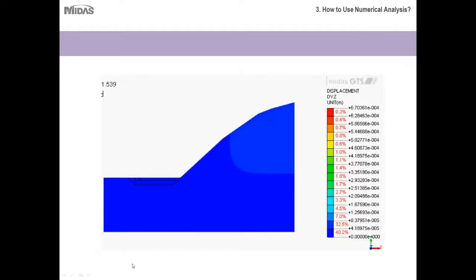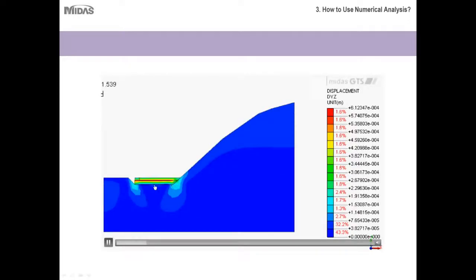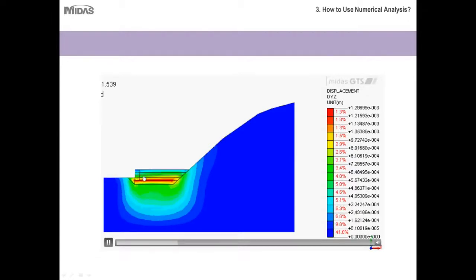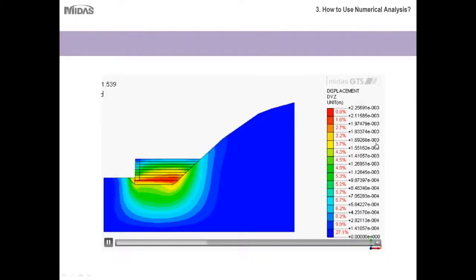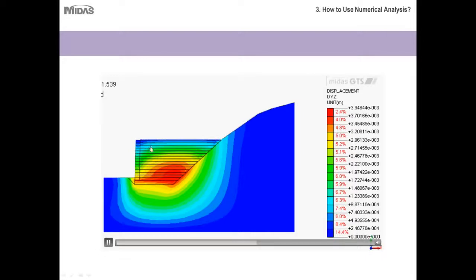So here you can see, first we dig out the foundation pit, then we place the foundation, then we place the block, the backfill, the reinforcement, and then we are continuing the construction in the same process, and you can see the deformation values changing in this legend here, and you can see the maximum deformation is occurring in these layers right here, and when the construction proceeds, you can see the zone is getting bigger and bigger.